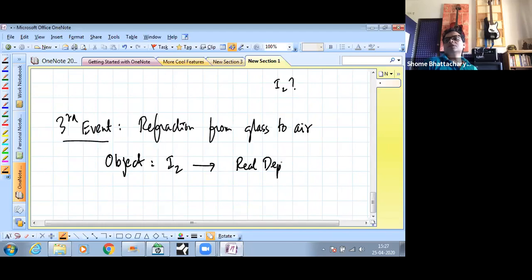So the real depth of the object from the surface of refraction is actually the quantity PI2, whereas the image, which is I3, will become our final image for the system.